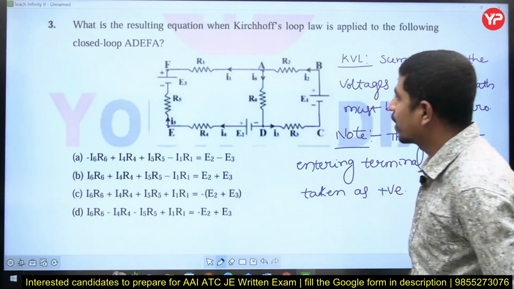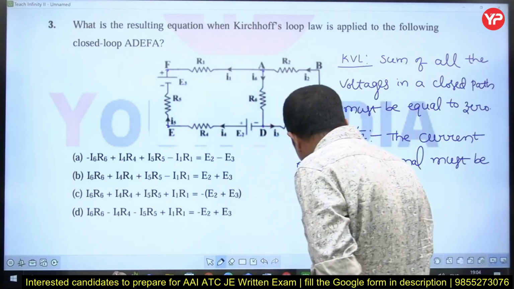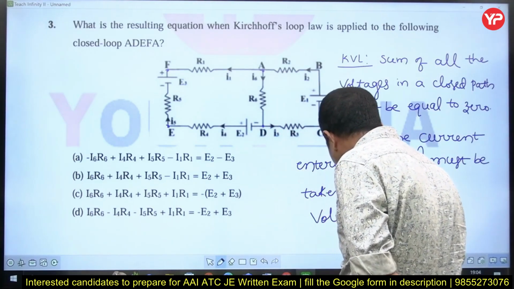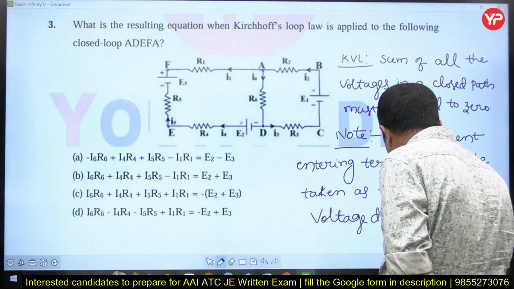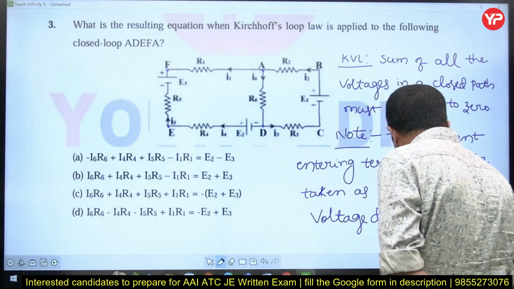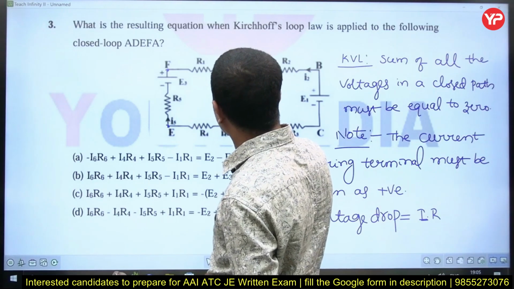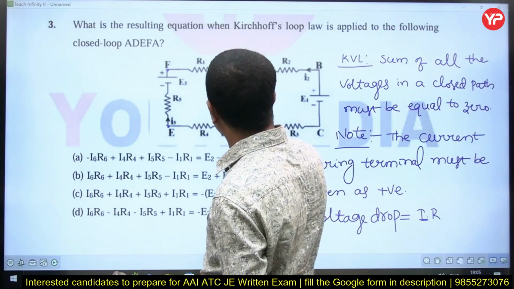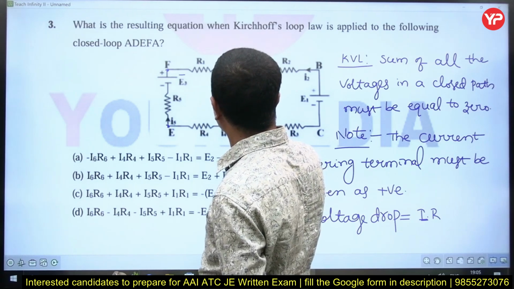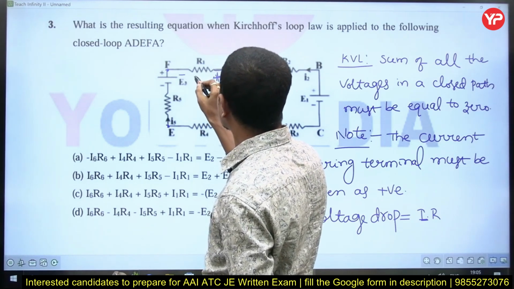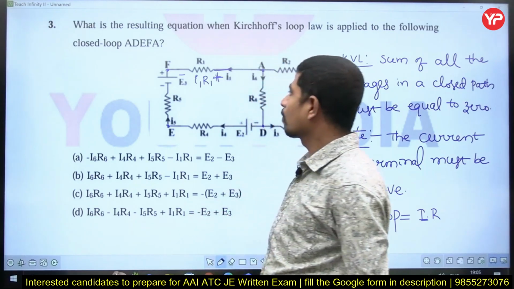Means what? Observe the diagram. Here I1 current is flowing. Now what is the voltage? The voltage drop for a resistance is equal to current into resistance. I1 current is flowing in this R1, therefore some voltage is going to drop here, that is plus minus. Why here sir you taken plus? Current is entering here and leaving here. What is this voltage drop? I1 into R1 is that voltage drop, right?